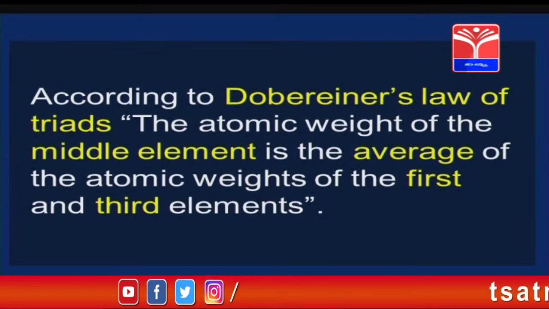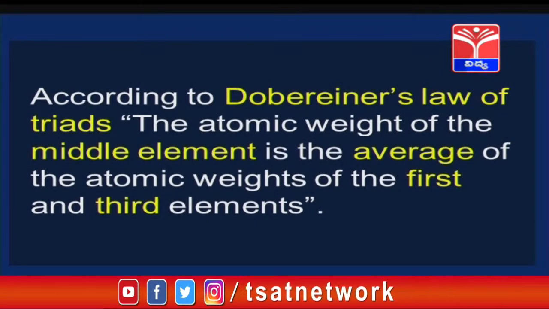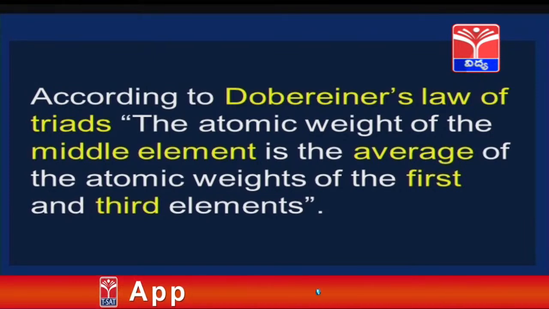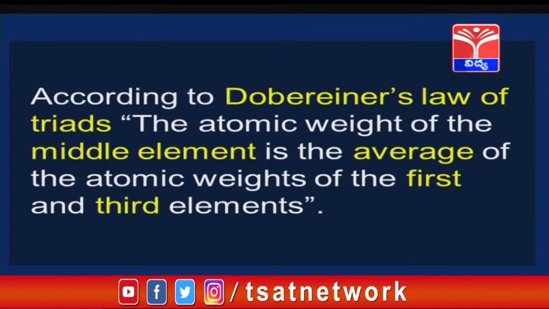According to Dobereiner's law of triads, the atomic weight of the middle element is the average of the atomic weights of the first and third elements. It means, always in Dobereiner's law of triads, the atomic weight of the middle element is always the average of the first and third elements.